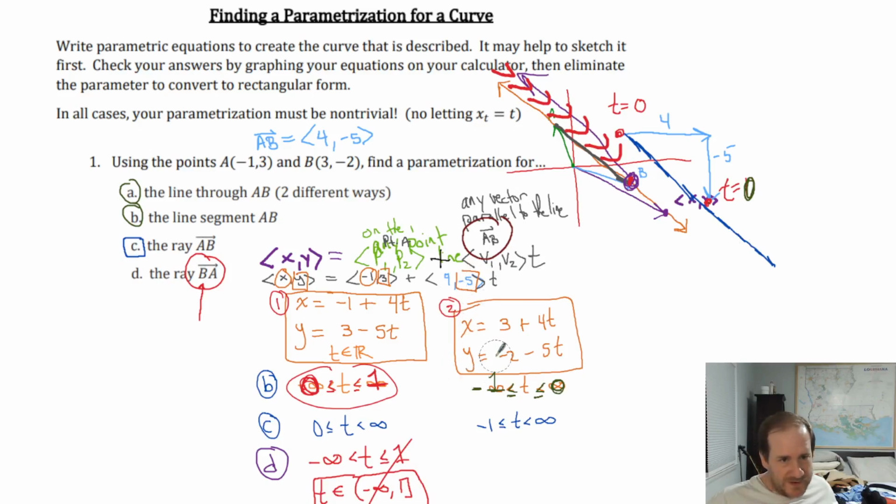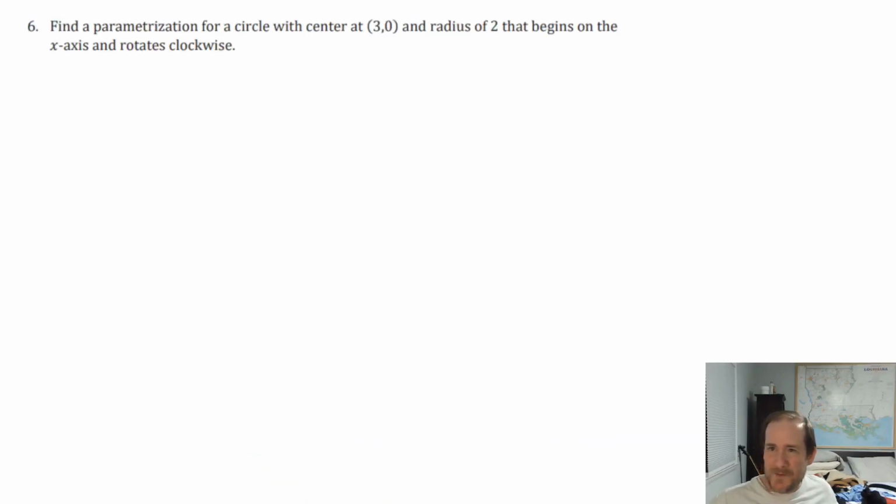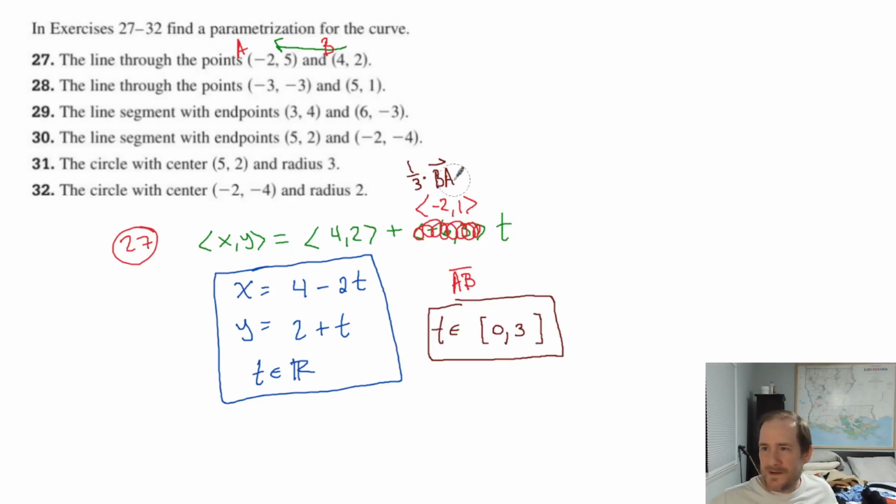But in classic Mr. F fashion, I broke my promise pretty much immediately. And so I said 99 times out of 100. Let's just call this time 100 then, because I didn't actually use vector AB. I used 1/3 of vector BA, which then changes my parameter interval. I know I told you that you could pretty much always just go, okay, it just goes from 0 to 1. And that's true.